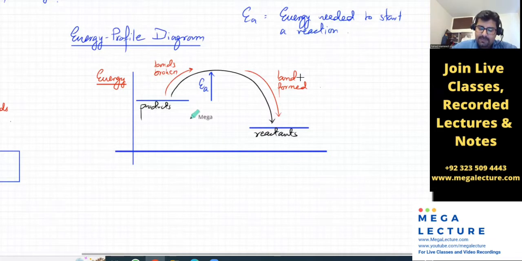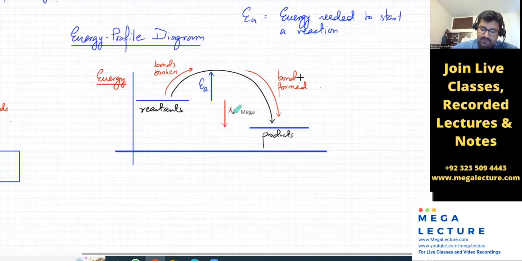And then enthalpy change. Remember, I made one mistake, which is that I labeled them incorrectly. I said then we've got enthalpy change, which is you start off at reactants and all the way to products, that's the net energy change.